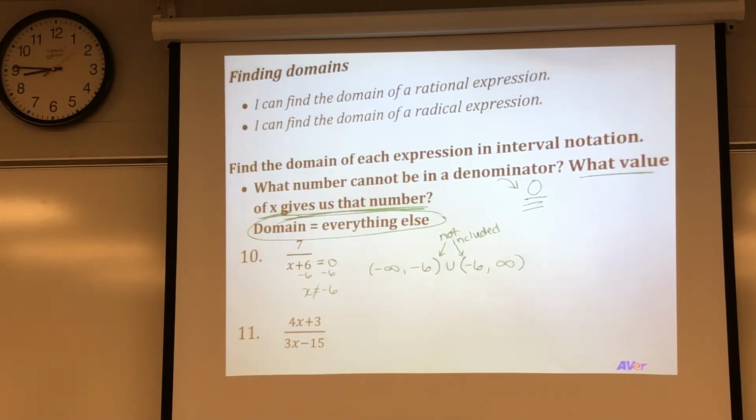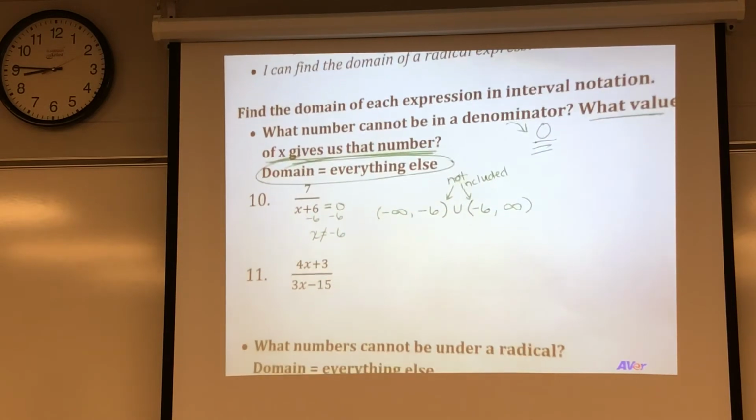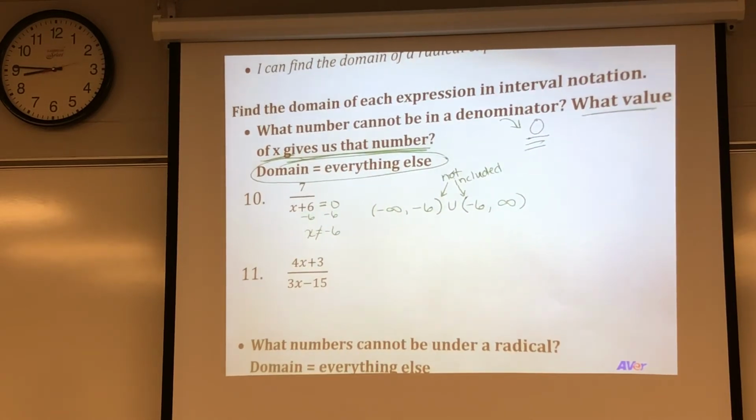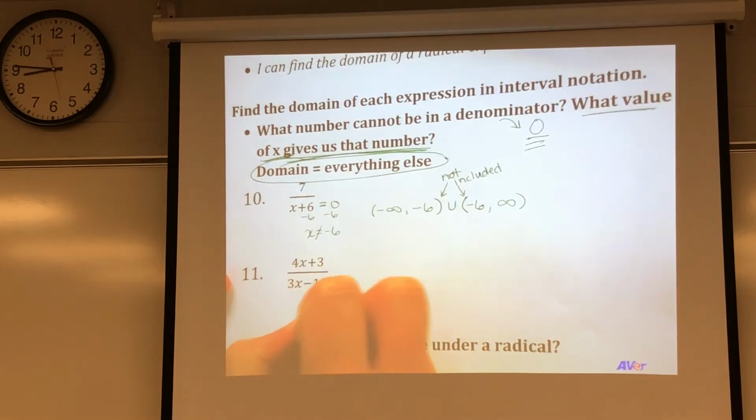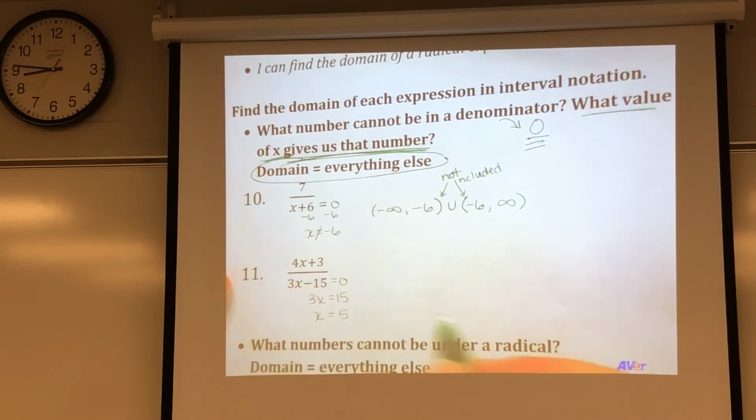All right, so see if you can try that on number 11. Solve to find out what number can't be in the domain, and then write a statement in interval notation for everything that can be in the domain. So we start by saying that the denominator is equal to 0. We add 15 to the other side, divide by 3, and we find out that x is that bad number.